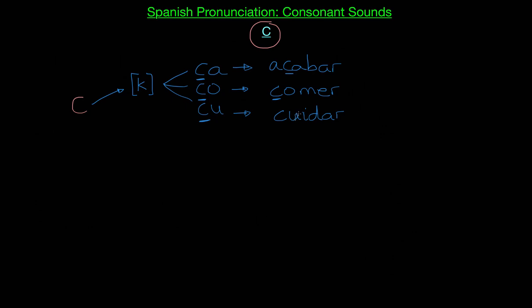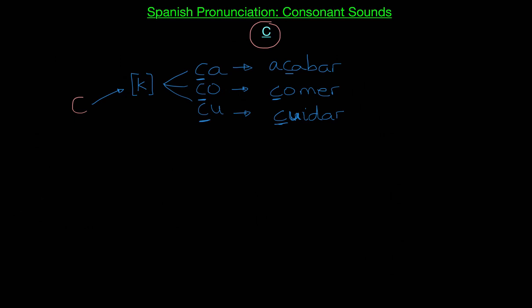This is a U, by the way, and not a very pretty one. Acabar, comer, cuidar. So this happens when this C is in front of A, O, U. Ka, ko, ku. Not too complicated there.